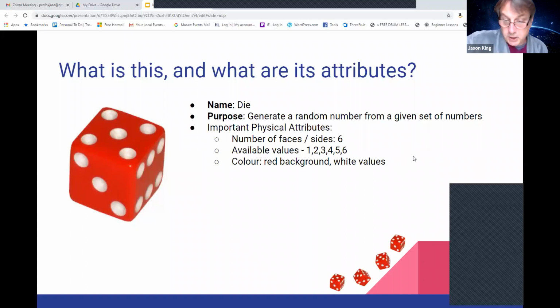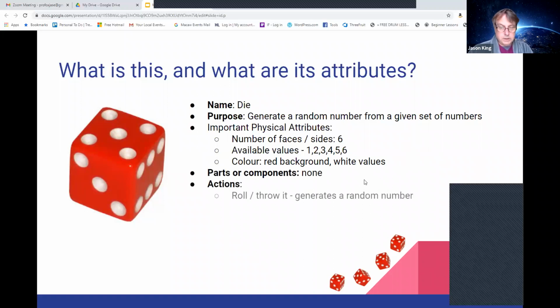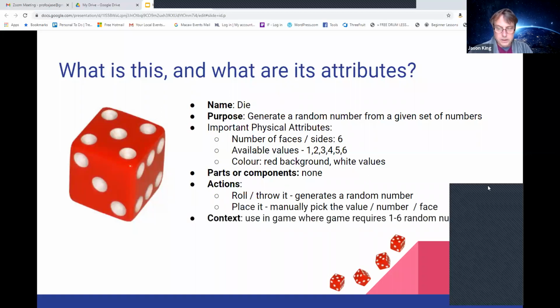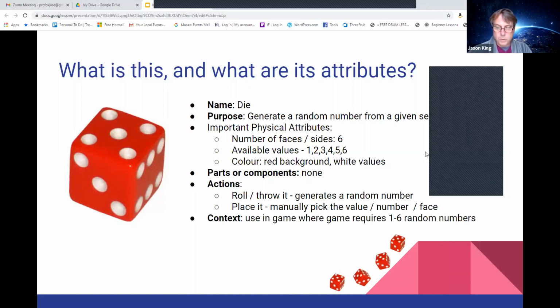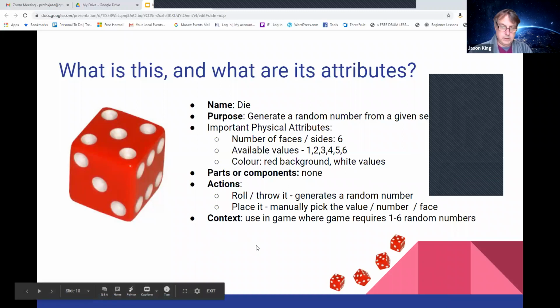We don't need to ask a dice specialist if the other numbers are in fact 1, 2, and 4. Red background, white values. Parts, components: none. Actions: roll it, throw it, generate a random number, or place it. And the context is to use it in a game where we require 1 to 6 random numbers.